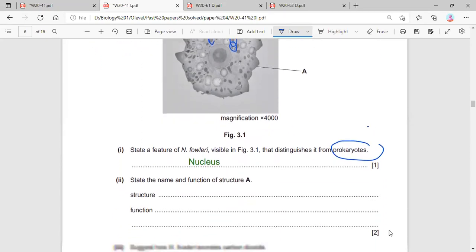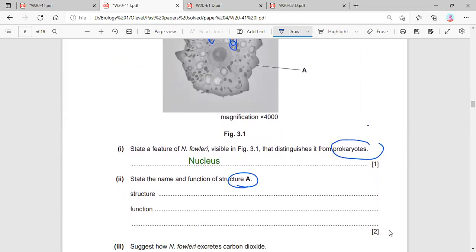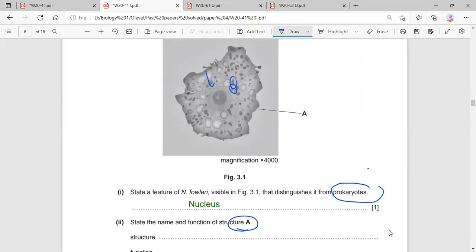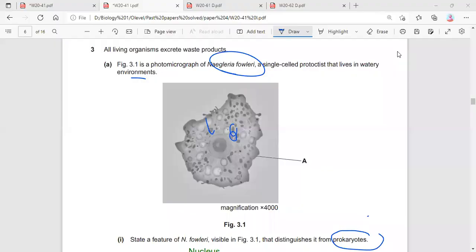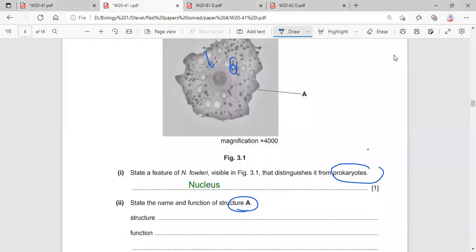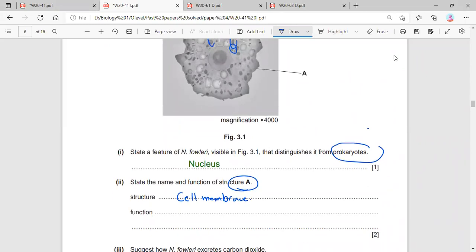Okay. State the name and the function of structure A. What is structure A? So structure A is the cell membrane. What does it do? It controls what goes in and out of the cell, like any other cell membrane.